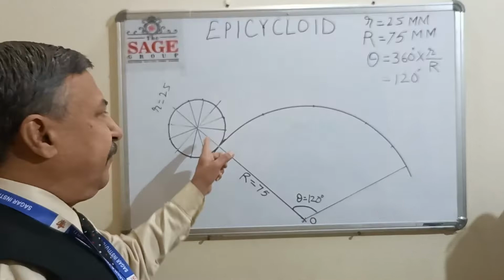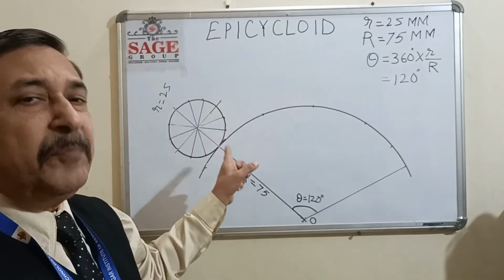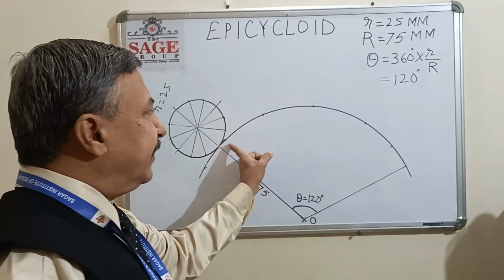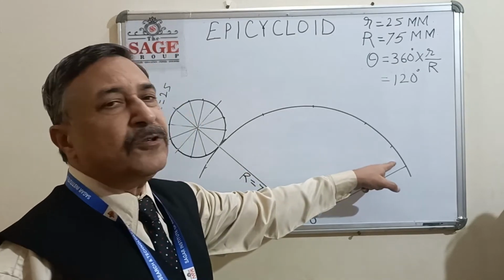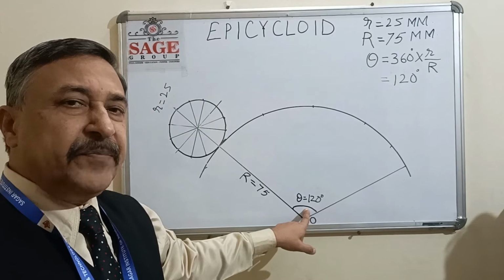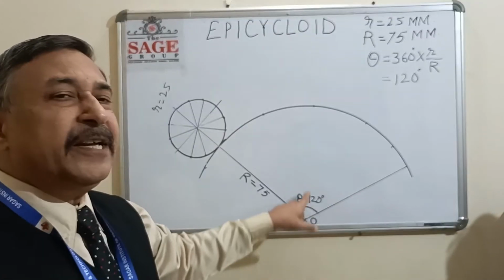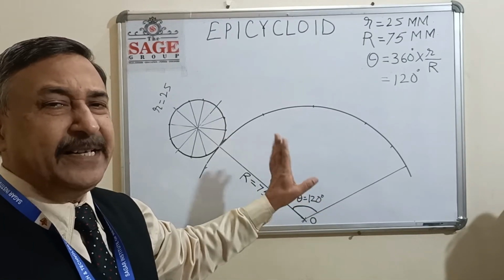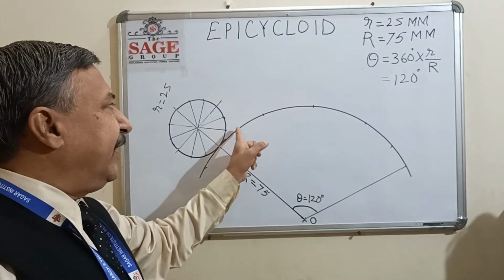Now if we divide this circle into 12 equal parts, we have to divide this path also into 12 equal parts. We have an angle of 120 degrees. Either we divide this 120 degrees into 12 equal parts, that is 10 degrees, and mark 10 degree points here.